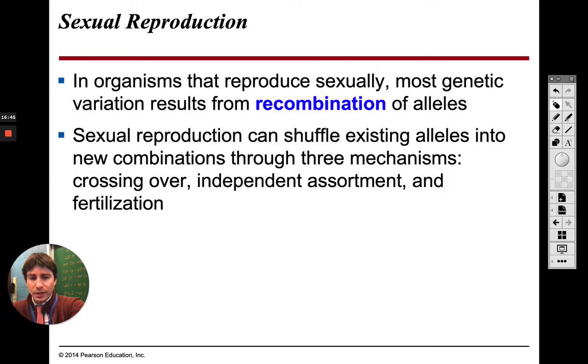So if you remember, during crossing over in prophase 1 of meiosis 1, the genes between your 2 chromosomes switch at different areas.